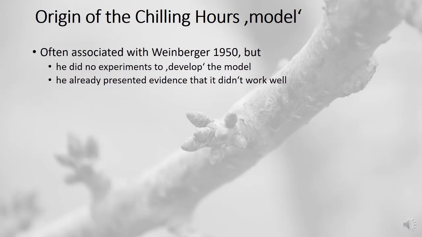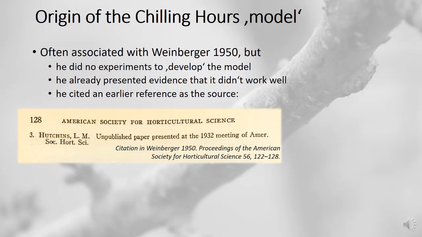And he already even presented evidence that it didn't work that well for the data set he was working on, which was a large data set on multiple cultivars of peach in Georgia in the US. And he even cited an earlier reference as a source. So he didn't invent this model.